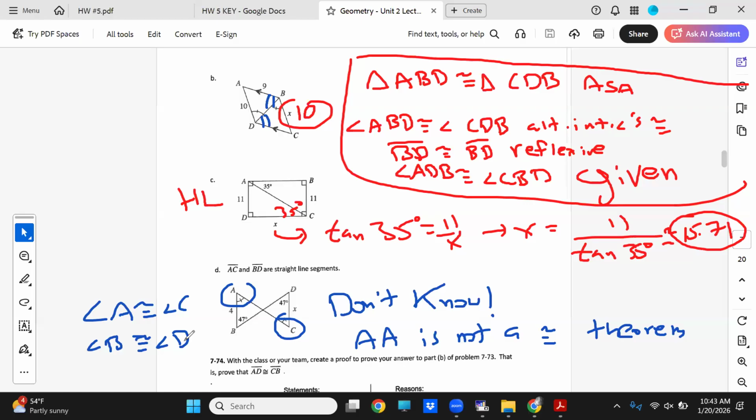Sure, you got vertical angles. You got that too, but we don't know. AA is not a congruence theorem. Wait, but since it's vertical, you know that has to be the same as 4. No, because it could have been this. What if you had that, guys?